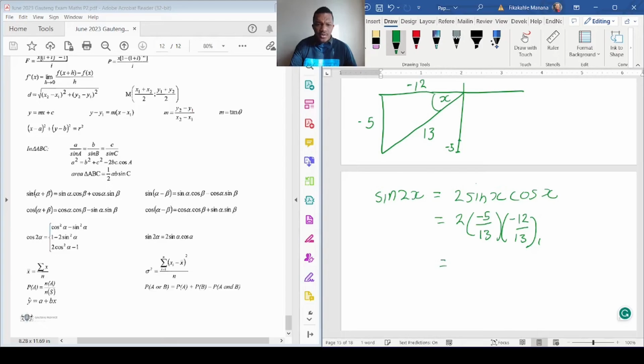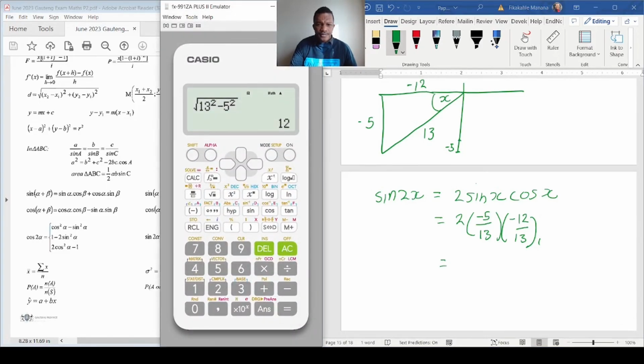So that's the thing we put in the calculator. It's 2. I want to put it exactly like that. So I've got minus 5 on top. The bottom, I got 13. Move to the side, close your bracket, open another one, another fraction. It's minus 12 this time. Go downstairs, put a 13, close the bracket.